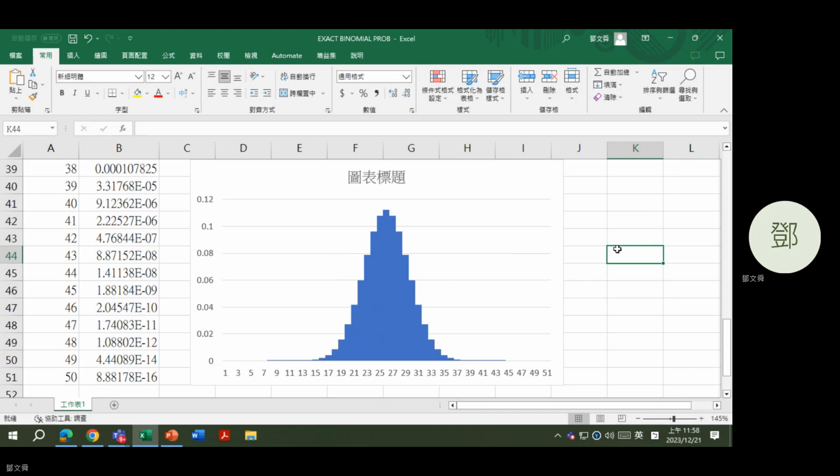Hey, anyone raise your hand to volunteer? What does the figure look like? The normal distribution. Why? Because it is symmetric and bell-shaped. Understand? And this is why we can use the normal distribution to approximate the binomial probability.